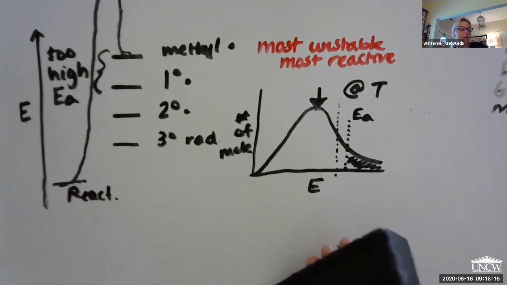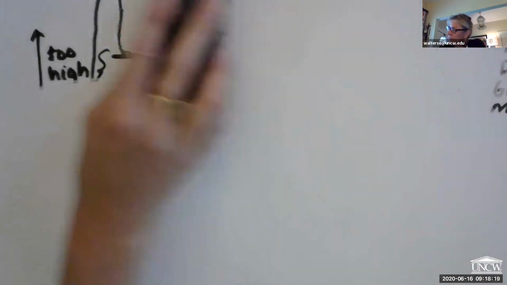Okay, so one of the things that we've said from the beginning is that alkanes have very low reactivity, in the sense that they make really good solvents and you can burn them.